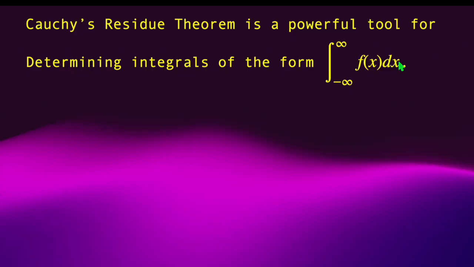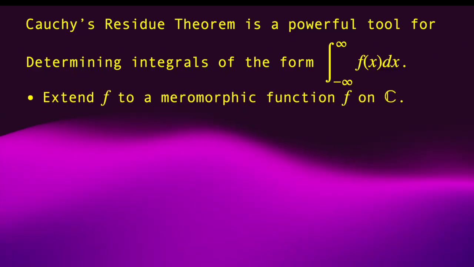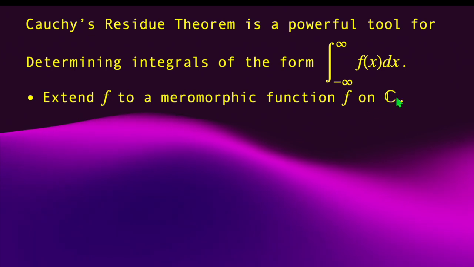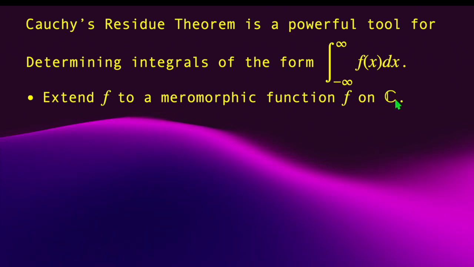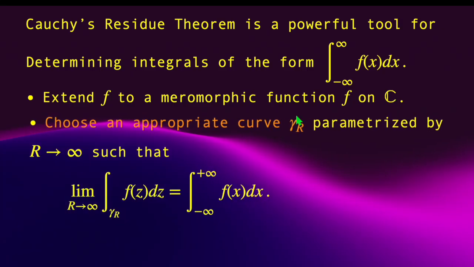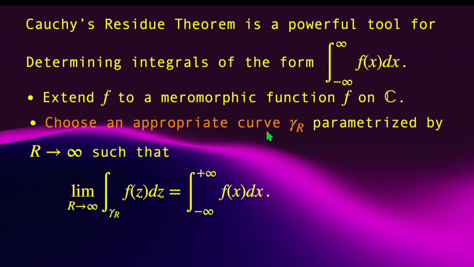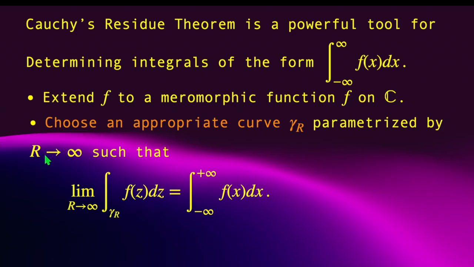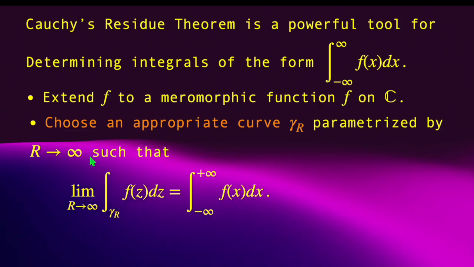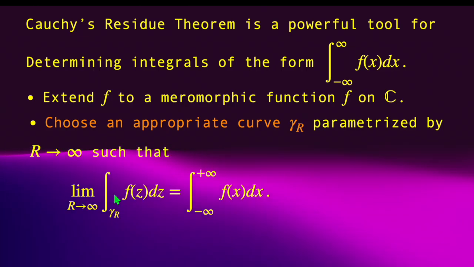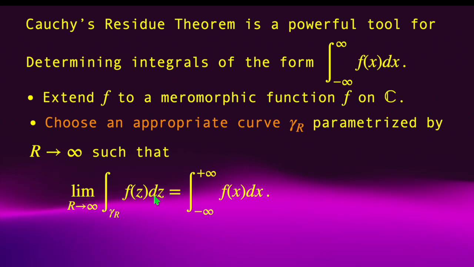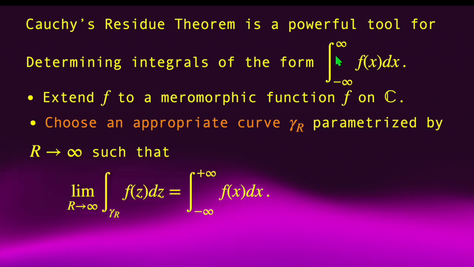So the method: we extend our function to a meromorphic function on C or on a part of C. We choose an appropriate contour which is parameterized by R, and R will go to infinity, and we choose this contour such that the limit when R goes to infinity of this integral is equal to this integral.